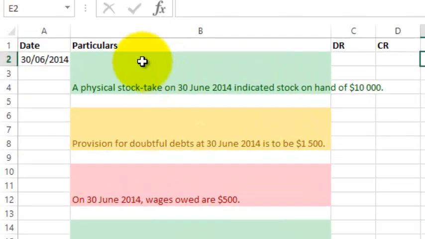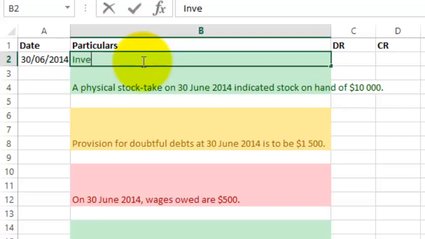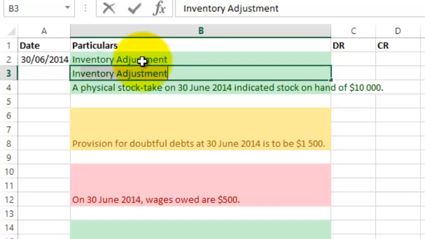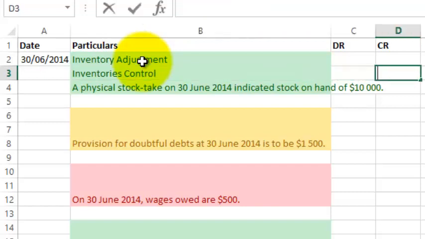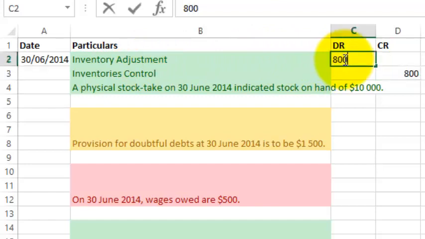So what I've got to put in here is an account called inventory adjustment, and the credit goes to inventories control account. This credit here for $800 will reduce the amount to $10,000, what the actual stock take says, and adjust our records. So that one's been ticked off.